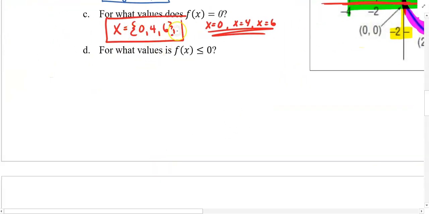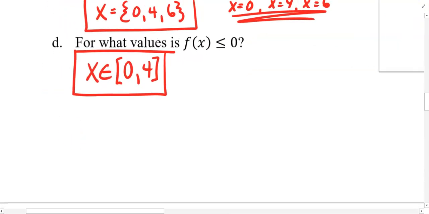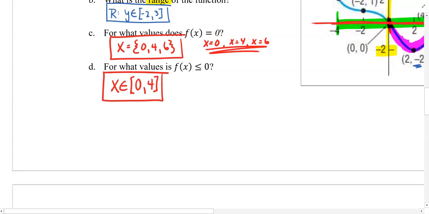So I'm going to have to switch from set notation back to interval notation, and I would say that all x values between 0 and 4 produce a function that's less than or equal to 0. And since the function evaluated at an x value of 0 does produce 0, and this function evaluated at 4 also produces a 0, then I do want to include those endpoints, and we are going to use square brackets here.